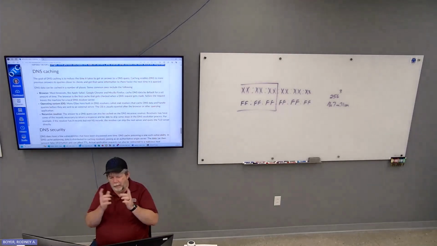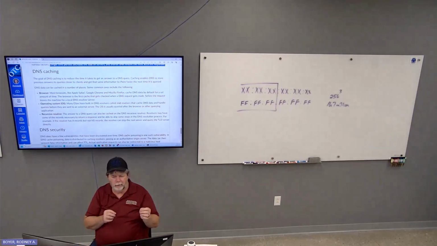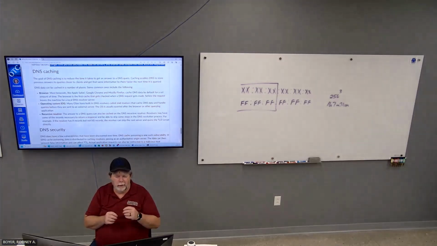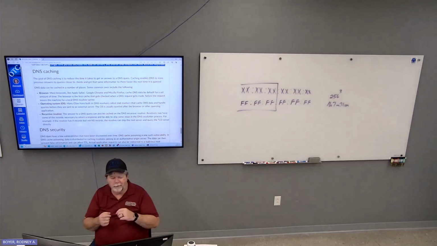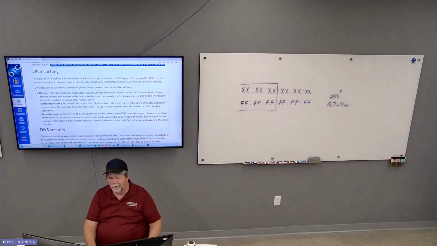I do, great, I'm just going to go. I don't know, okay, I'm going to ask the DNS server. If it knows, then it comes right back at you. If it doesn't know, then it does the recursive lookup and all that stuff. Either way, after the first time that you visit that site, it's stored in your cache.